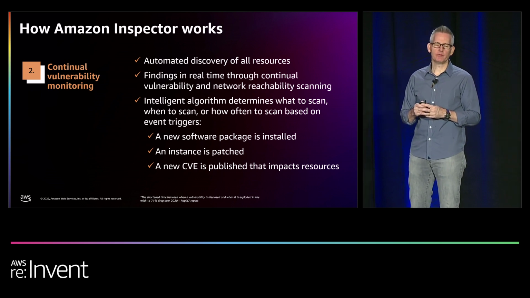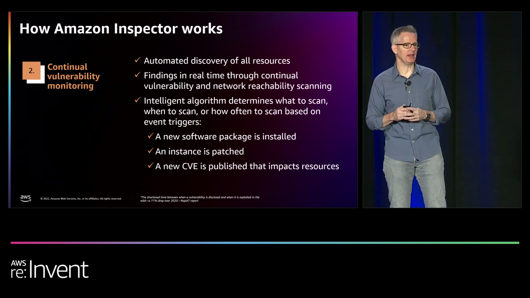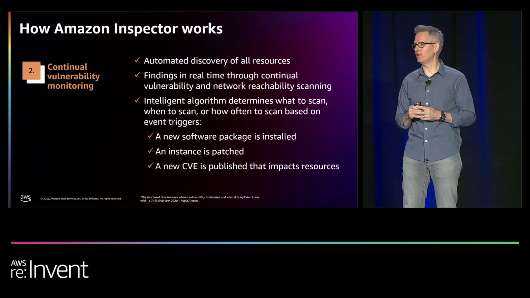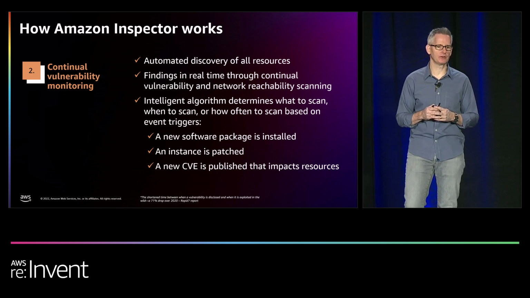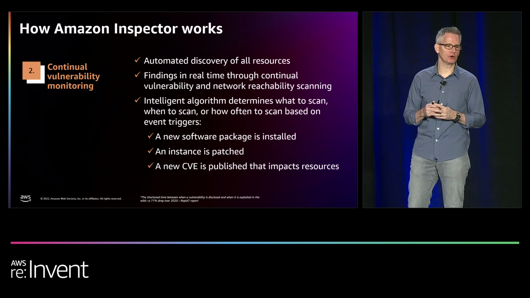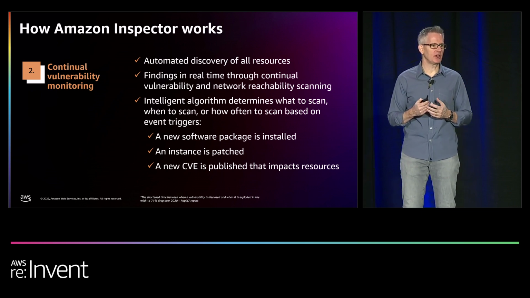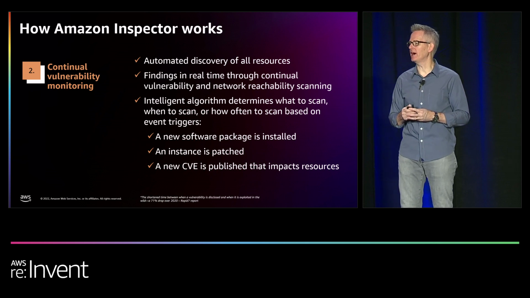So one of the examples of this, a few weeks ago, there was an OpenSSL vulnerability that was rated, I think some vendors rated it as critical, some rated it as a high vulnerability. And for customers that were using Amazon Inspector, they didn't have to worry about it.